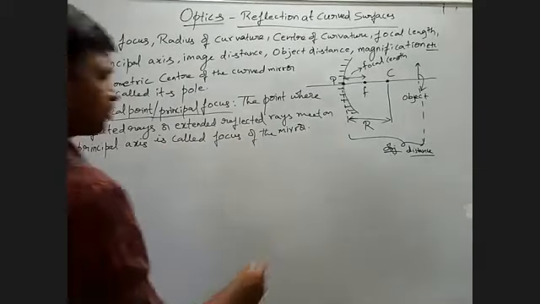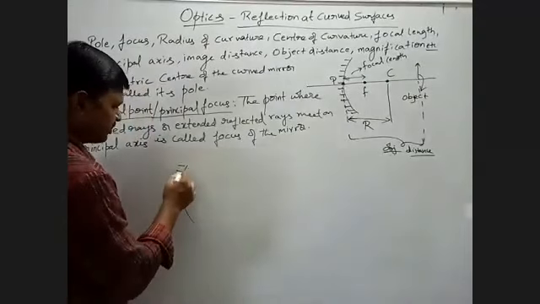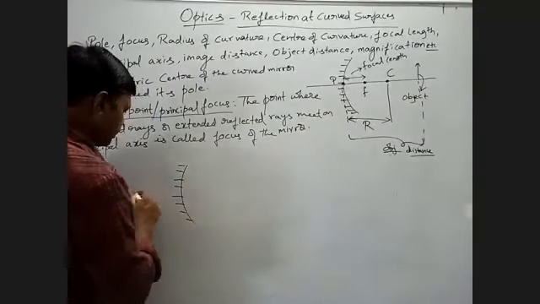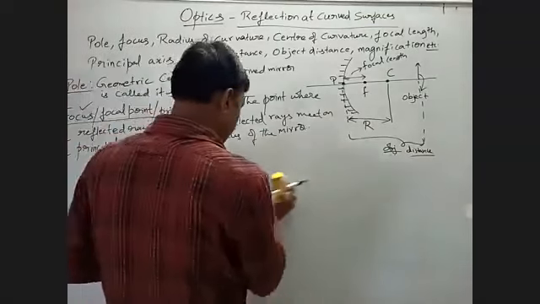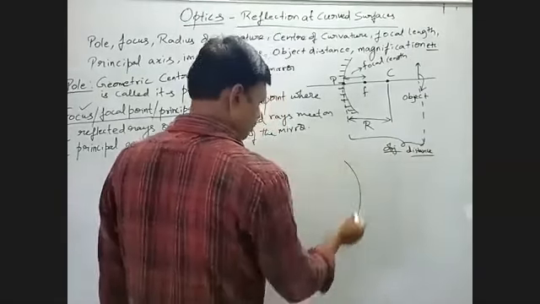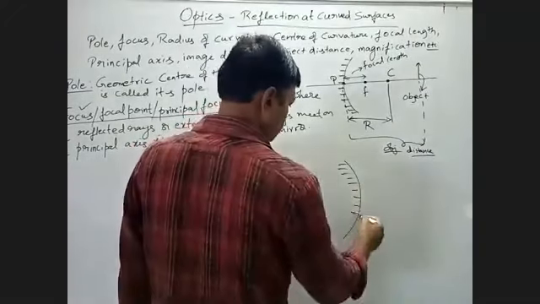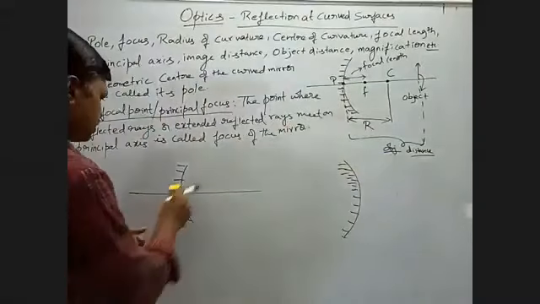Yesterday I drew a diagram for representing this. Roughly, we can draw this once again. This is a concave mirror, and another is a convex mirror. What is the difference between convex and concave mirrors?